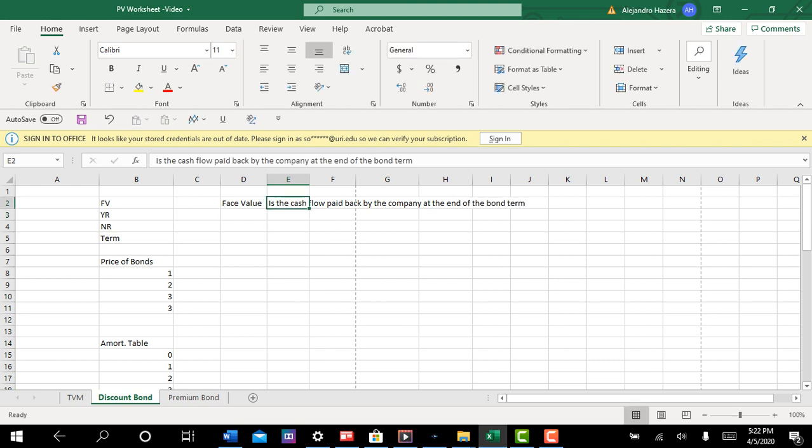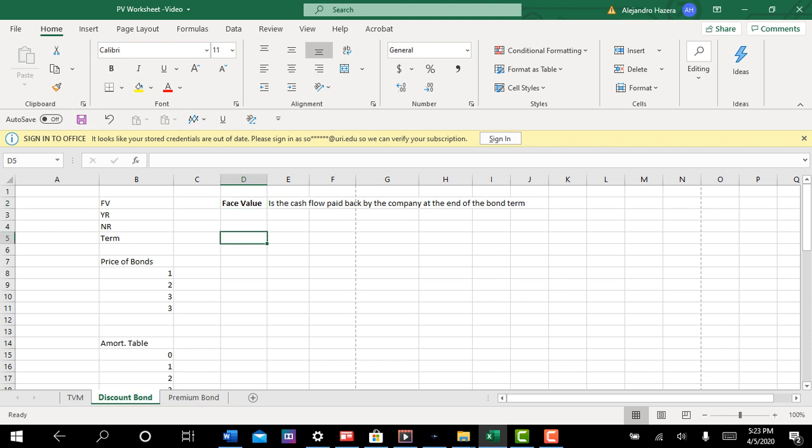So a lot of bonds have a 10, 20, 30-year life. I'm just using a 3-year life here to keep the example simple, but the principle is the same. So the first element of a bond is face value, and this is the cash flow paid by the company at the end of the bond term.